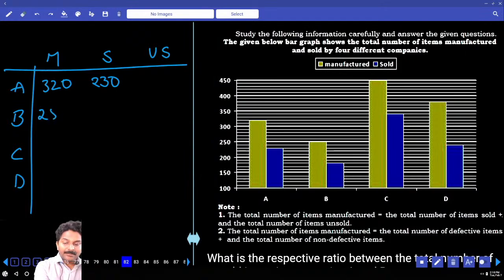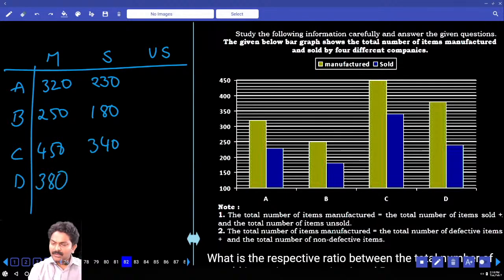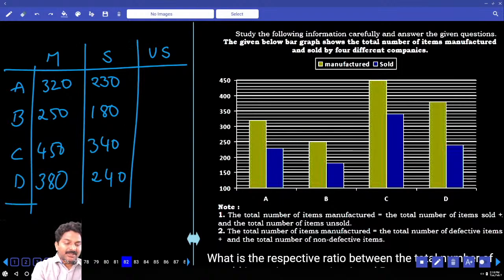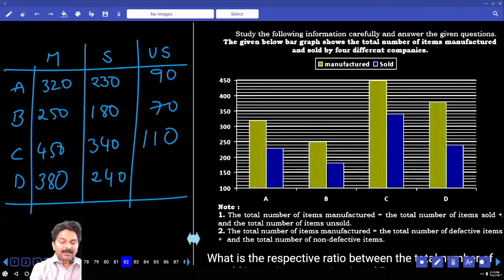Next 250, 180, 450, 340, 380, 240. From total manufactured, if you subtract sold items, you will get unsold: 90, 70, 110, 140.